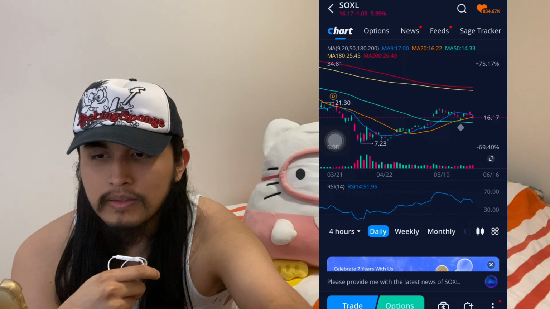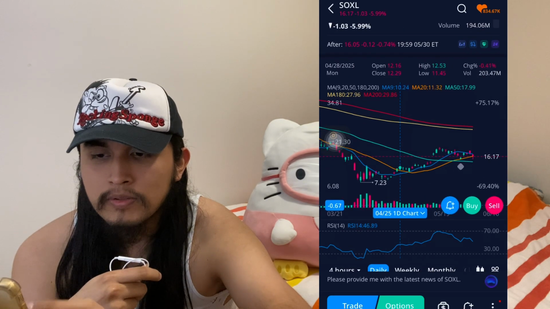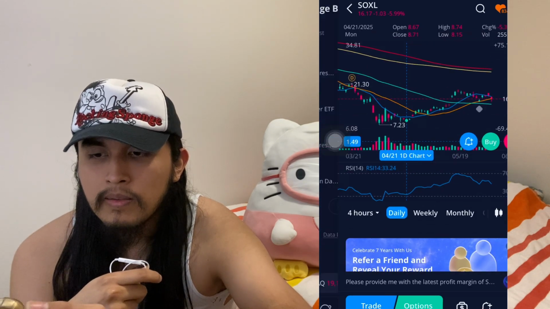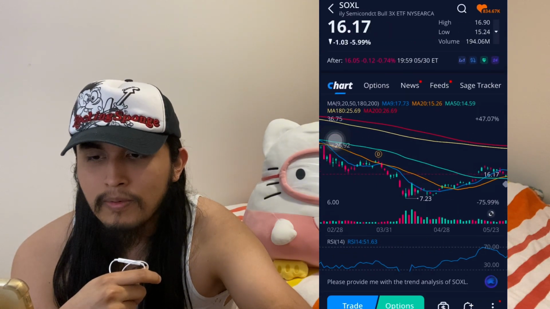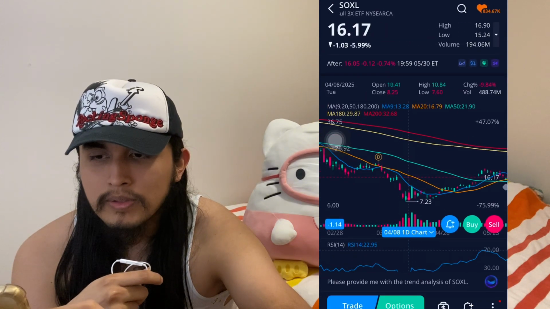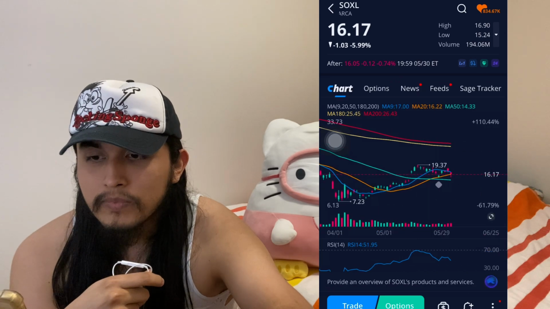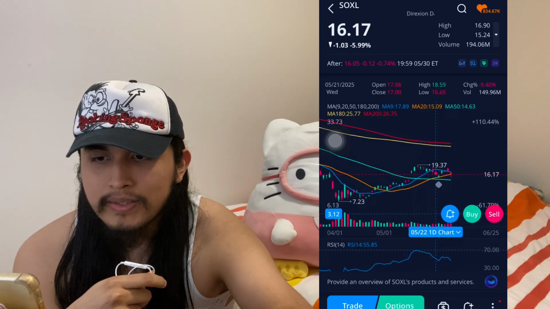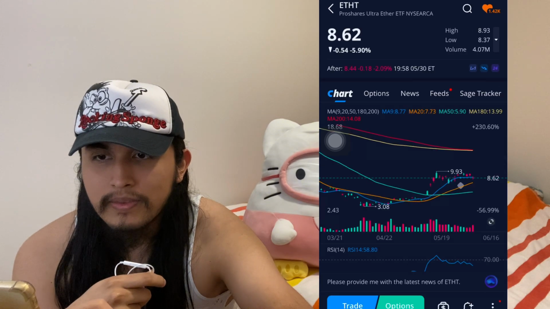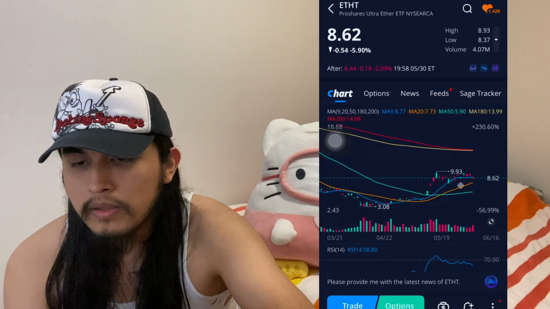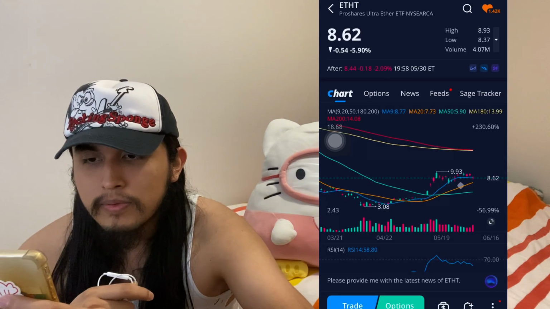For example, look at this ticker symbol. Let's go over it. At one point, SOXL was worth like $7, and then it managed to go up all the way to like $19. This Ethereum ETF, at one point it was worth $3.